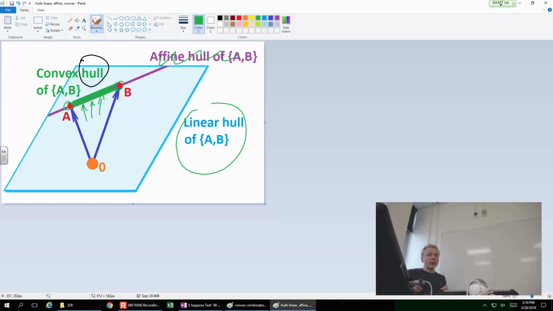If there are no restrictions, and that's what linear combinations are, then they will cover way more stuff. And remember, the definition of linear combination is simply sums of multiples. So for example, A is a multiple, B is a multiple, and then you add them together, you're already going to have something like this vector going this way.